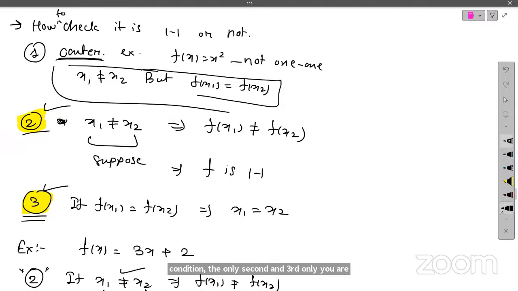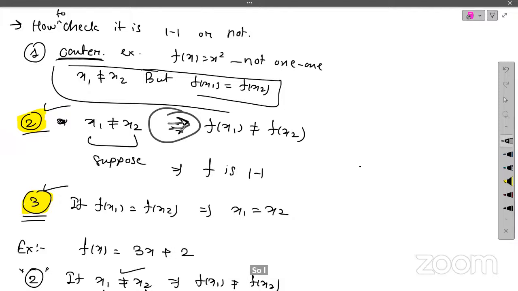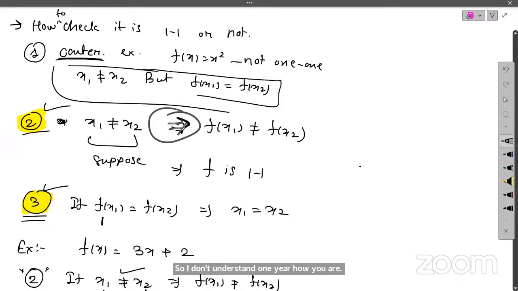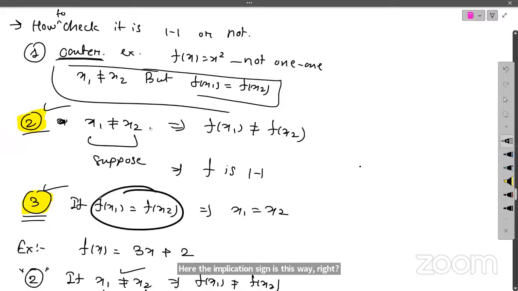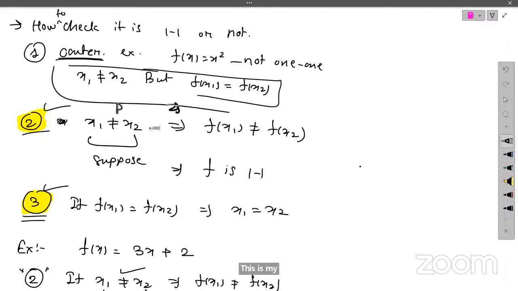Here the implication sign goes this way. This is my hypothesis. I'm assuming this quantity, and then I'm implying this thing. So this is a P implies Q type of statement.